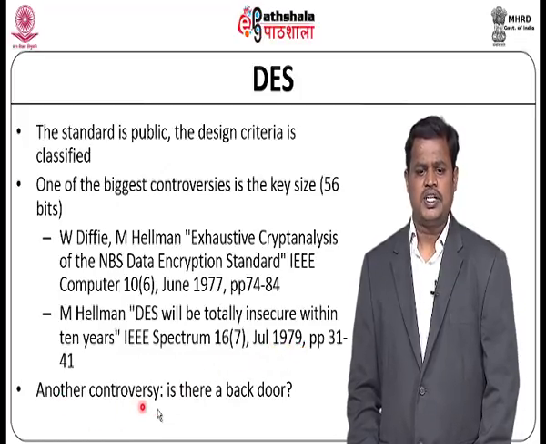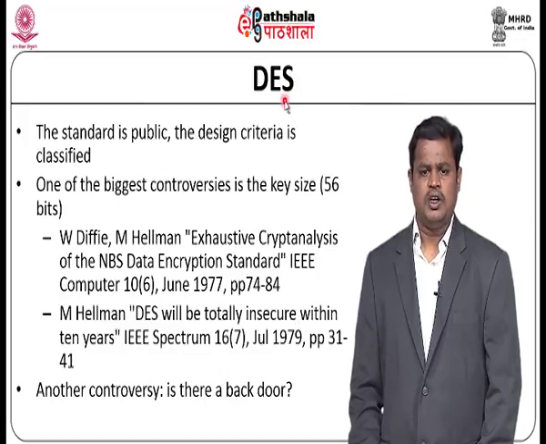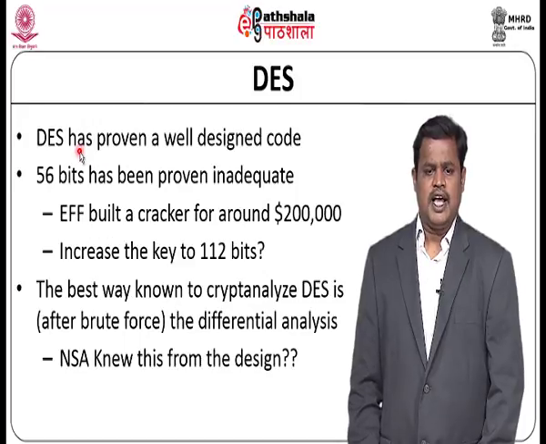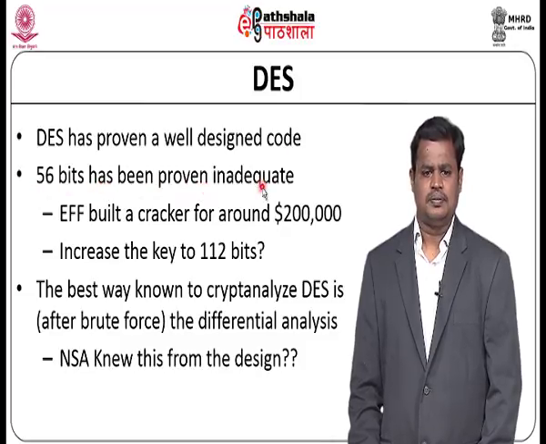So, another controversy is whether there is any backdoor. DES is a symmetric cryptographic algorithm, but one of its biggest controversies is the key size. DES has proven a well designed cipher, and 56 bits has been proven inadequate.